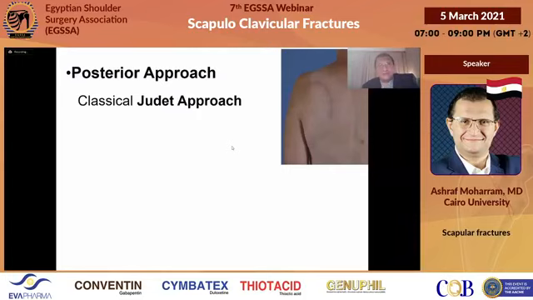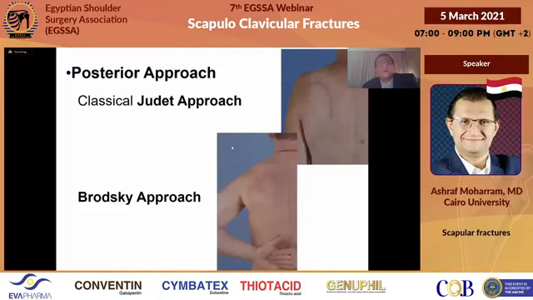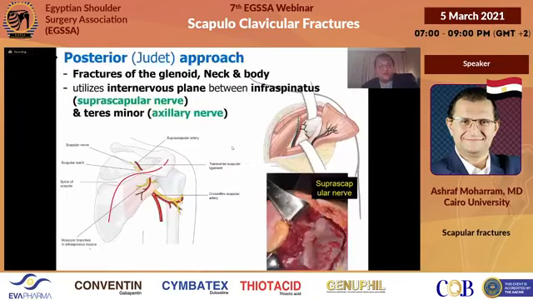Classically, we use the Judet approach, which is a big L-shaped incision over the back of the scapula, but now more commonly we're using a Brodsky approach, which is a modification of Judet, in which we use a more vertical line of incision along the posterior aspect of the scapula parallel to the medial border.